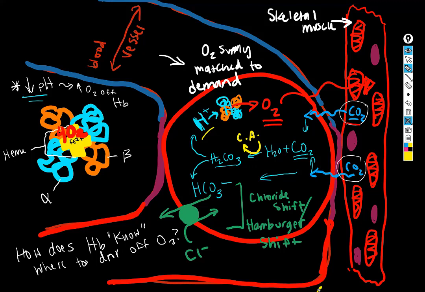So bicarbonate helps us prevent acidosis of the blood. The chloride shift enables it to get out. And then the drop in pH that results from the dissociation of carbonic acid is what helps oxygen unloading to occur. So better living through chemistry, or in this case, just living through chemistry. If this didn't work, we would all be dead.